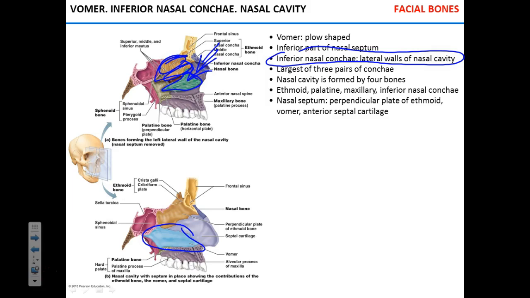If you inhale cold air, it is in your nose. Well, it's cold. You need to warm it up. Those capillaries in the conchae, in the mucosa of the conchae, they constantly do the heat exchange.